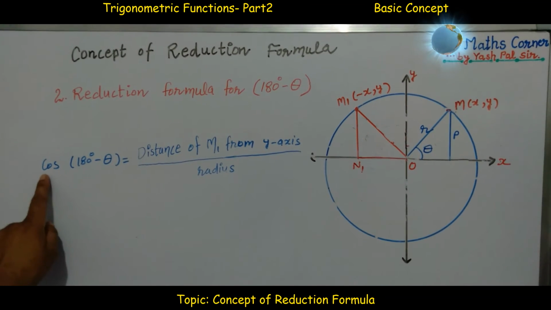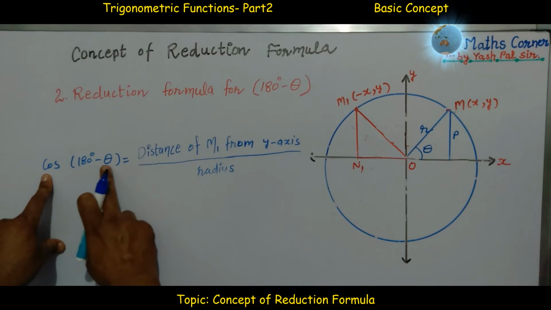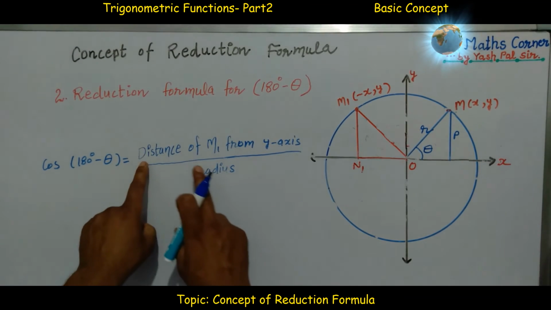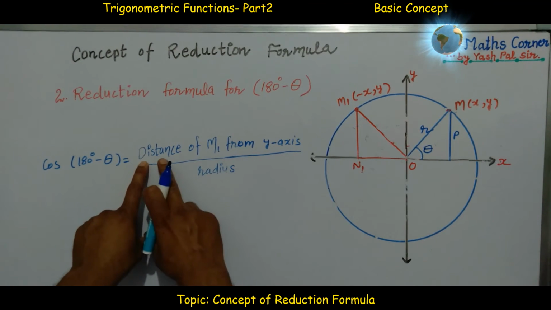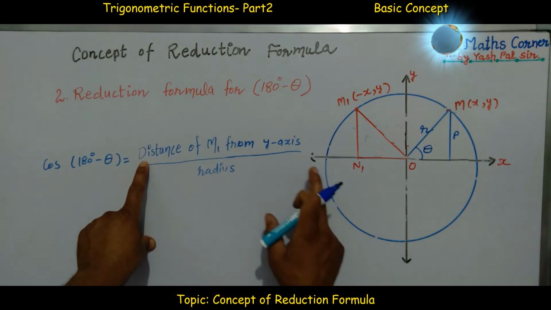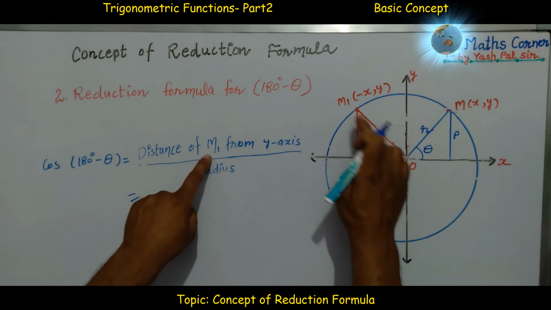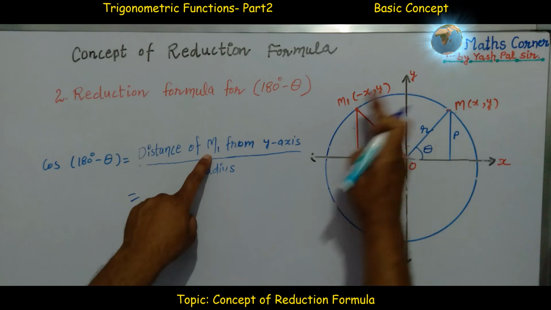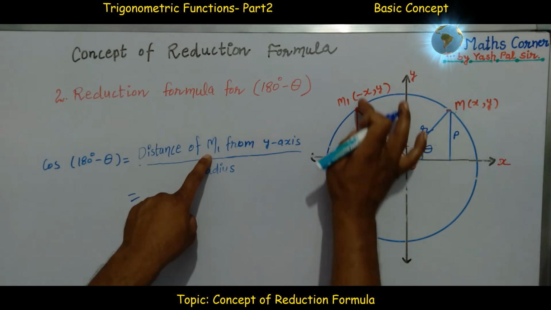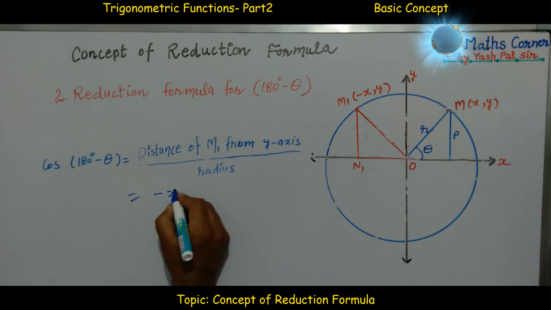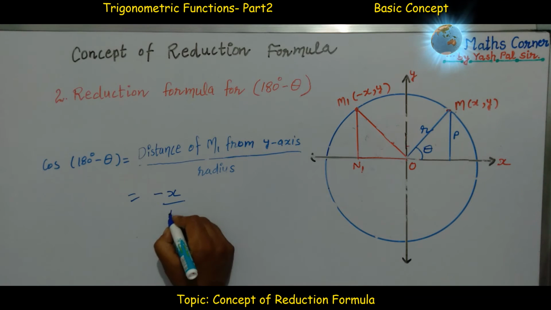Similarly, we can find the value of cos 180 degree minus theta by the real definition. Distance of m1 from the y-axis, this is on1, that is minus x, divided by the radius r.